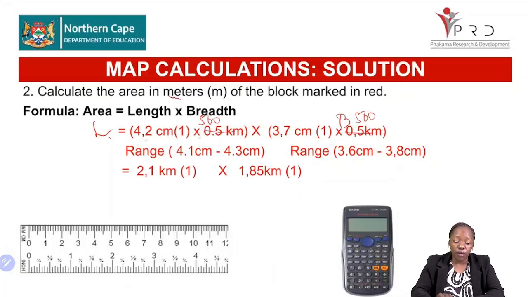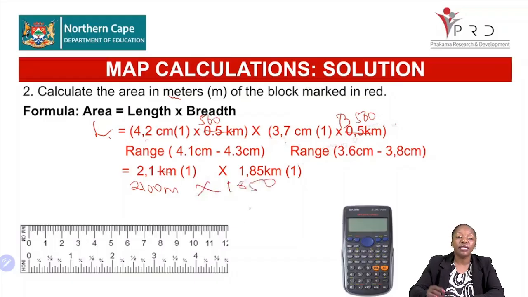So the answer of length, your 4.2 times 500 will give you 2,100 meters and not kilometer. Then your 3.7 times 500 will give you 1,850.